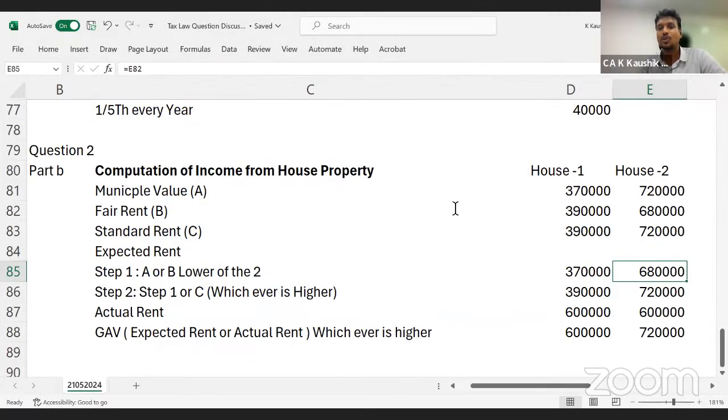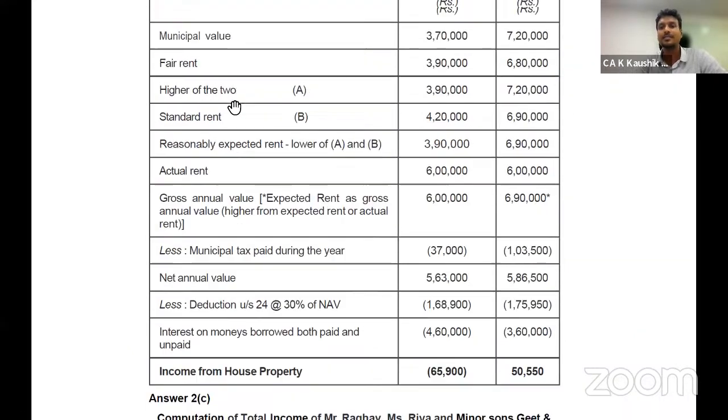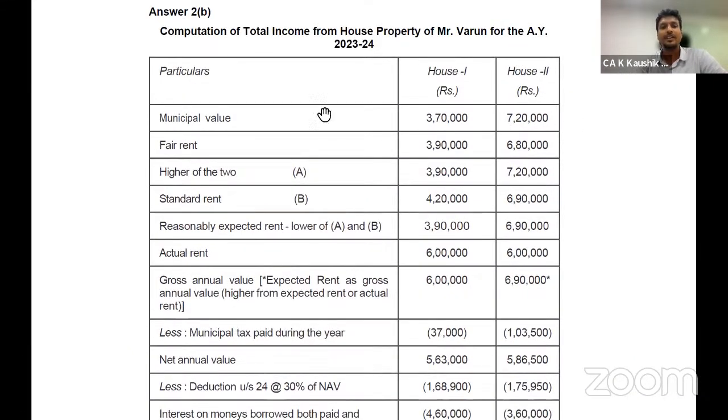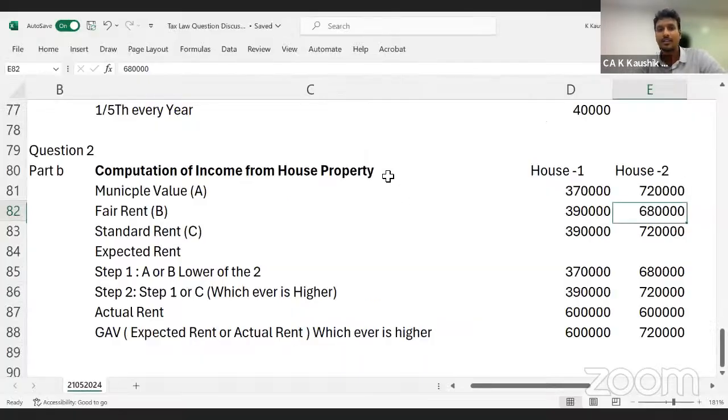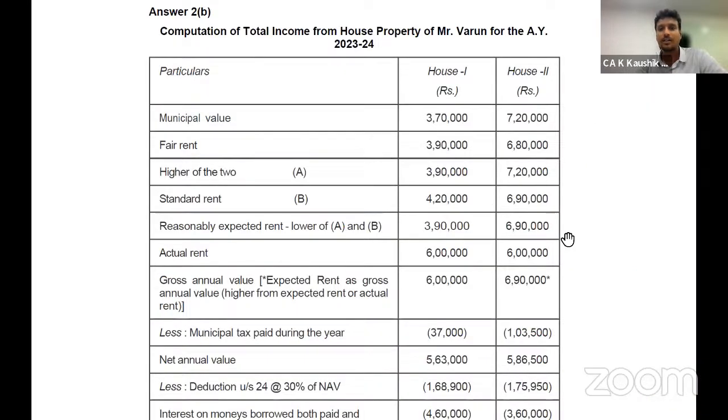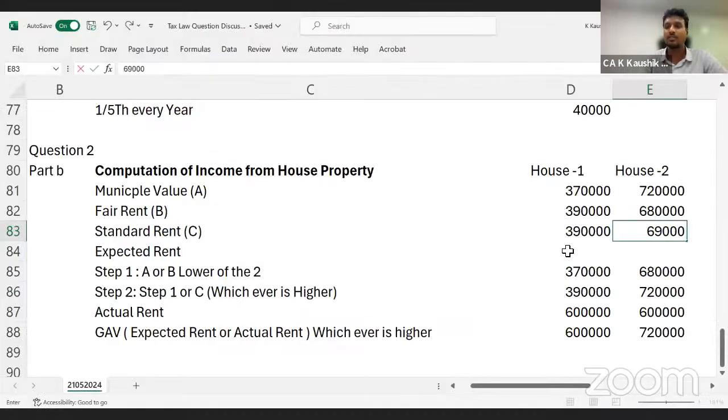So here in the solution, if you see, they have written 7,20,000 municipal value, fair rent of 6,80,000. Higher of the two, they've taken 7,20,000. Standard rent is given. Let us see in the question what is given, 6,90,000. Sorry, I took it here as 6,80,000, but standard rent is 6,90,000.